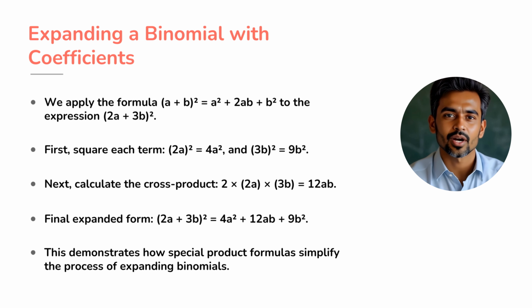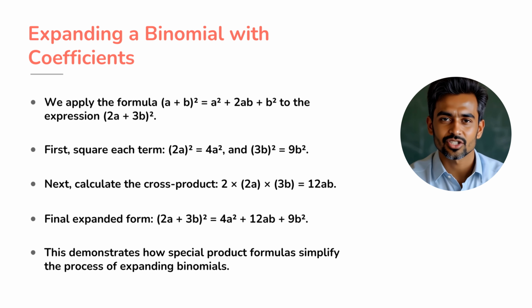Let's now explore how to expand a binomial with coefficients using a special product formula. We start with the formula (a plus b) squared equals a squared plus 2ab plus b squared. This formula helps us break down binomials in a simple and organized way. Now, let's apply it to the expression (2a plus 3b) squared.